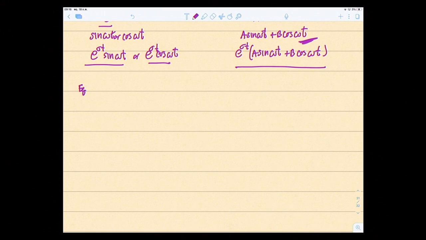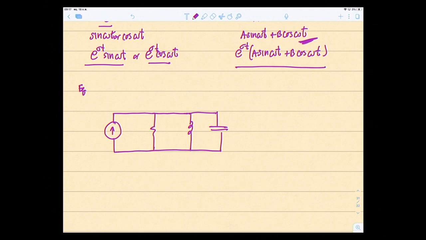Let me get my notes right here so I can see them closely. We have a current source and a simple RLC circuit, all connected in parallel, and the source is 8 e to the minus 2t u of t.